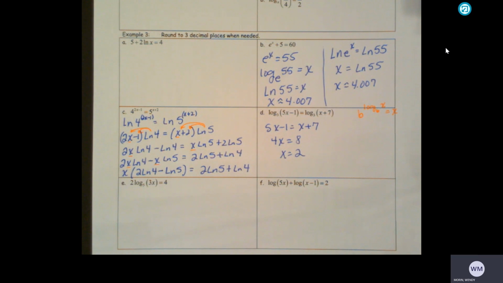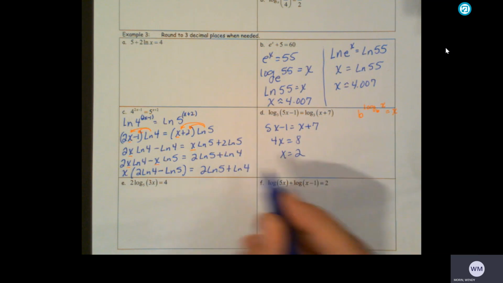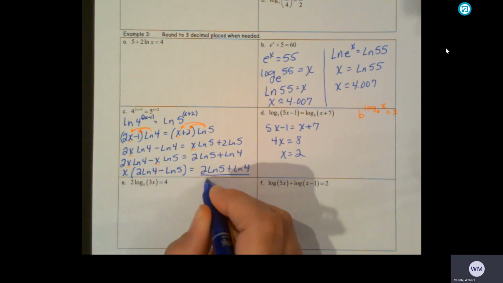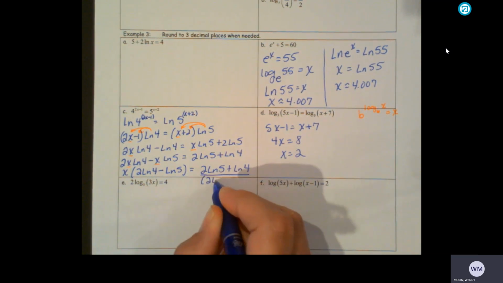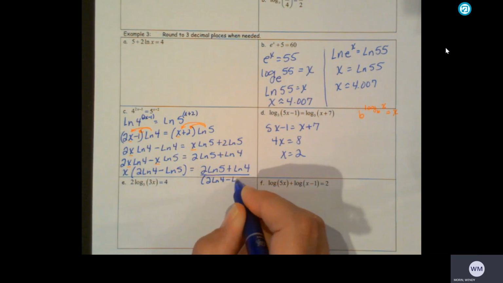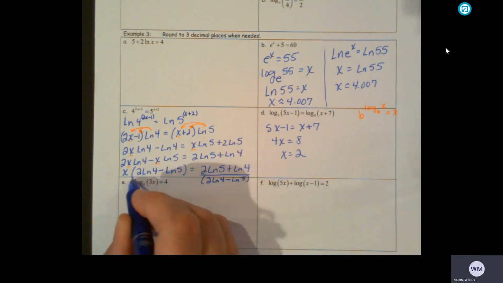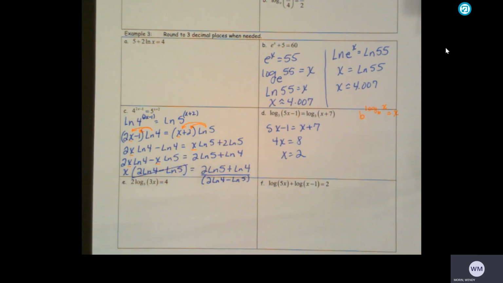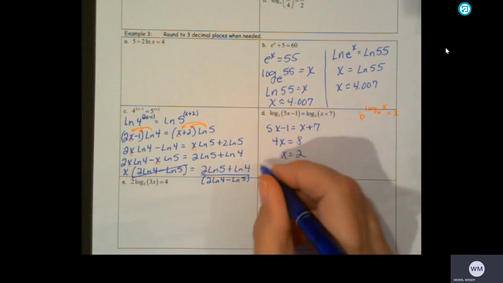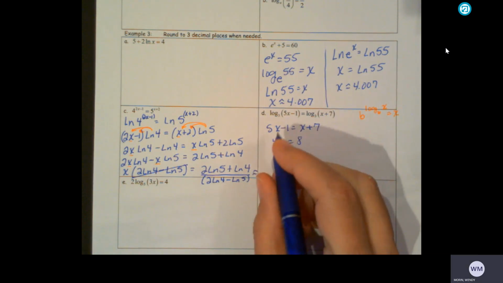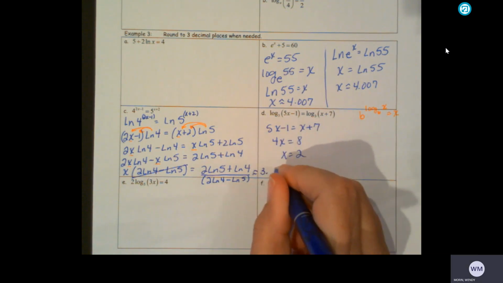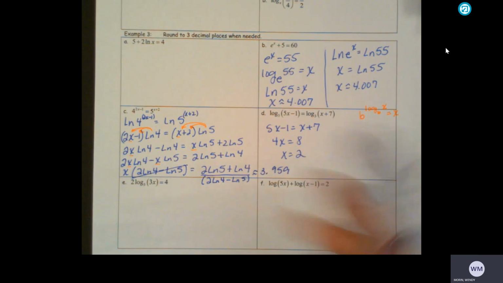How? Divide by 2 ln of 4 minus ln of 5. And now practice typing that into your calculator. That is the exact answer. The calculator will give you the approximate answer, 3.959.